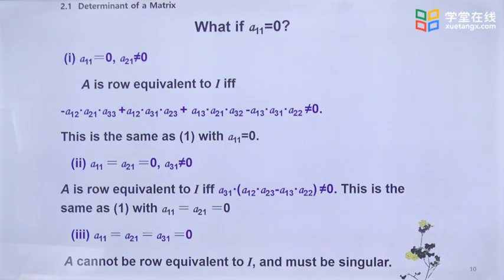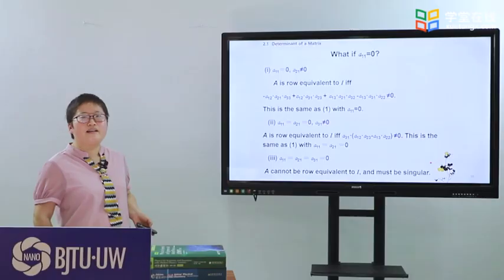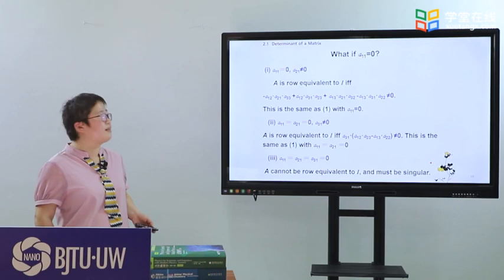Another special case: if A11 equals A21 equals A31 equals 0, then this matrix A cannot be row equivalent to the identity matrix, and this matrix must be singular, so we don't need to care about it.